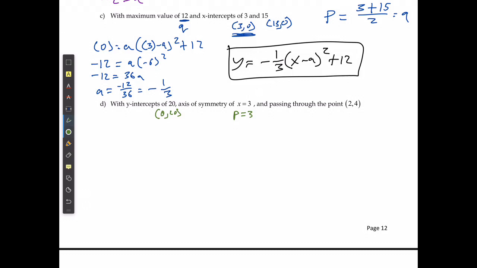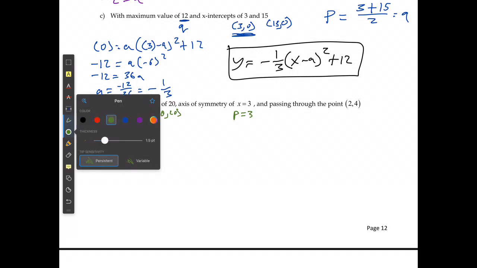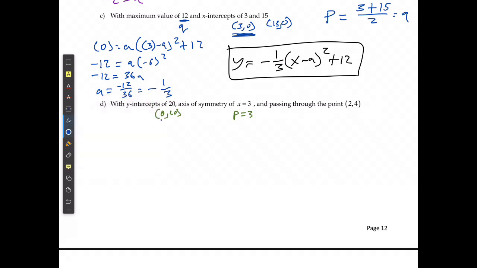So I'm going to say that this can be x1 and y1, this can be x2 and y2. And I'm going to use them to create a system of equations. The first possibility is it runs through the point (0, 20).